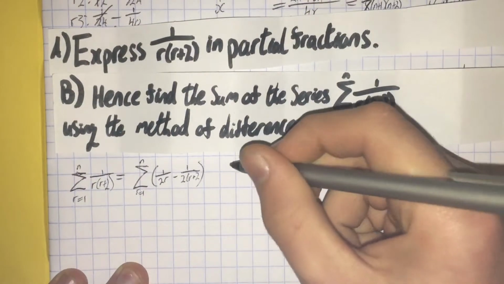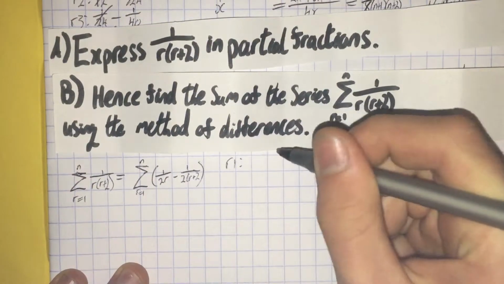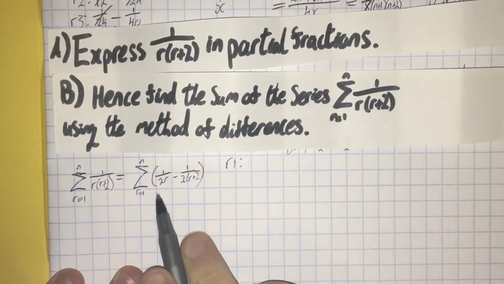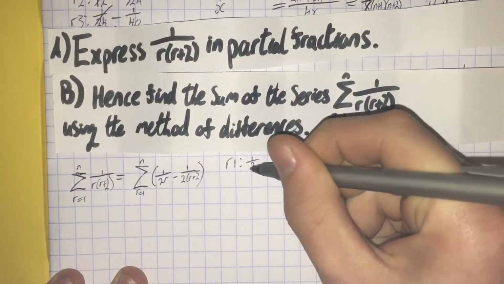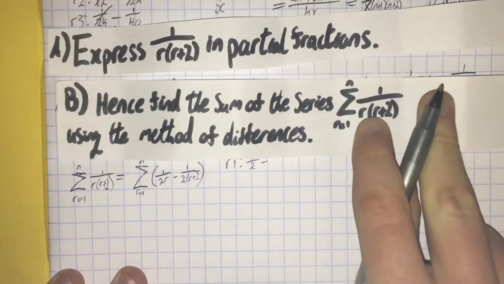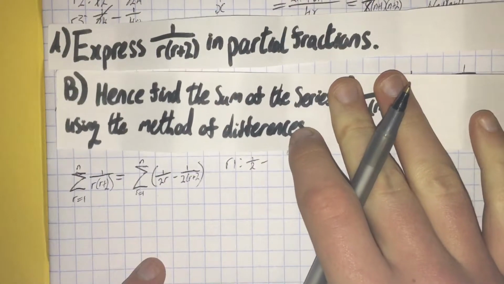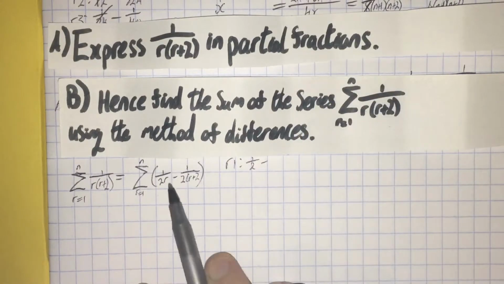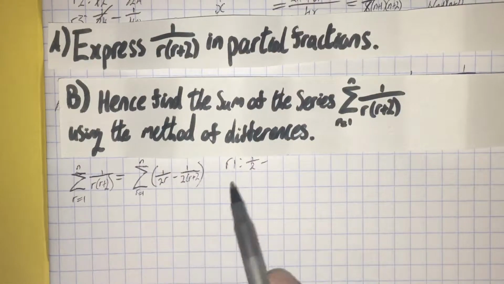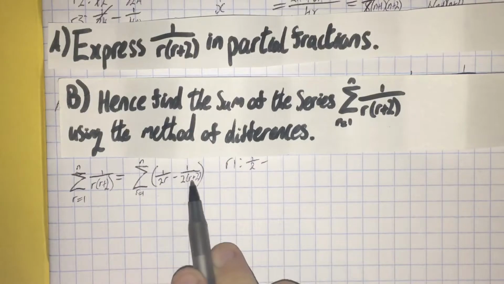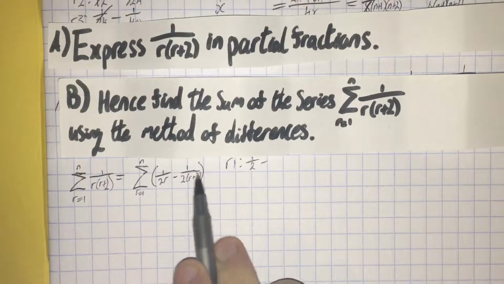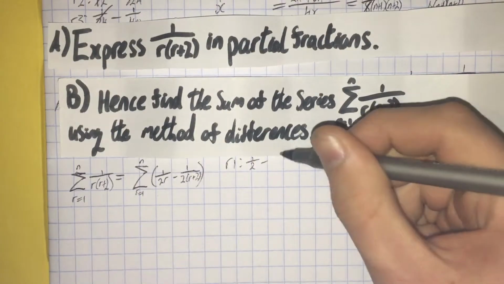So if we start with our usual, r equals 1, we should get 1 over 2, so a half, minus 1 over 2 times 1 plus 2, 3 of course, times 2 is a sixth.